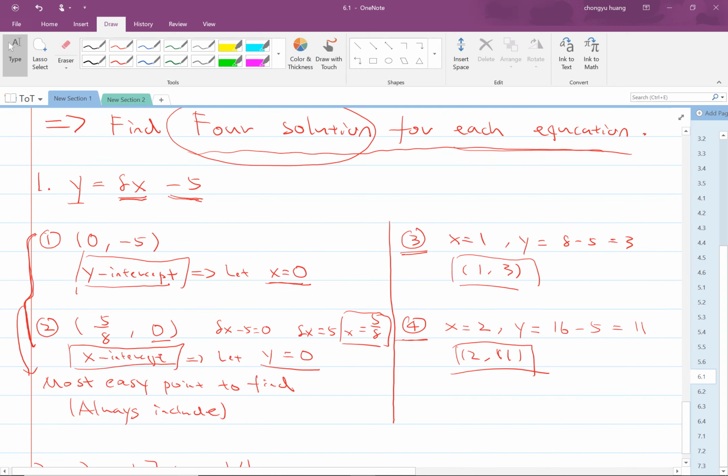There are many possibilities, but you want to find those numbers fast. Plugging in x equal to 1 is quite simple, and you will find the point really fast. So make sure you plug in some small number, because a big number will take some time to calculate. But if you plug in a small number, you will find the solution really fast. Okay.